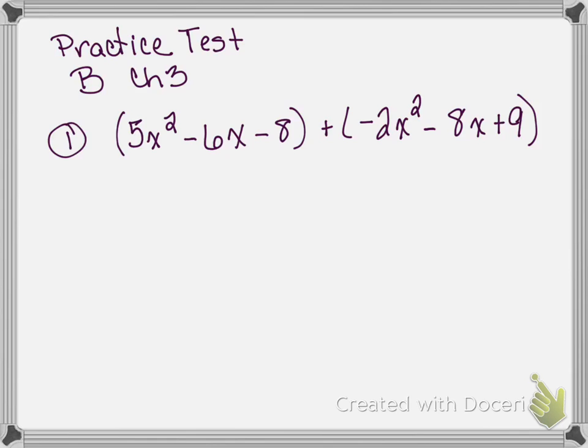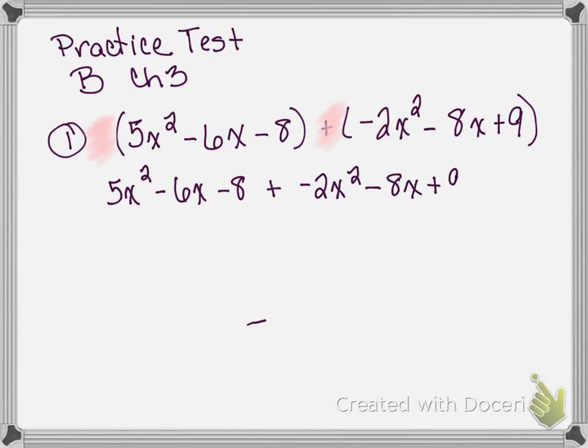Now, if I don't have anything to distribute, and that would be a minus sign, and I don't have anything inside the parentheses that can be combined, then I can drop the parentheses altogether. So I have 5x squared minus 6x minus 8 plus negative 2x squared minus 8x plus 9. Okay? And now I combine like terms.